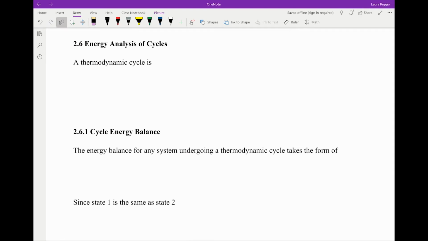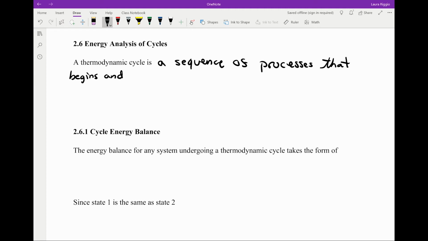In this lecture, we're going to go over the energy analysis of cycles. A thermodynamic cycle is a sequence of processes that begins and ends at the same state.